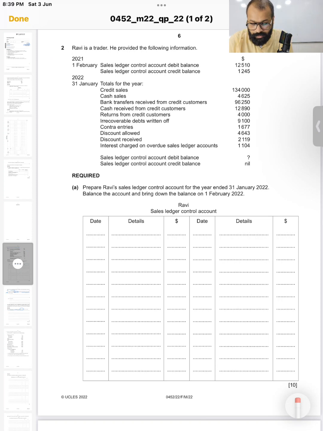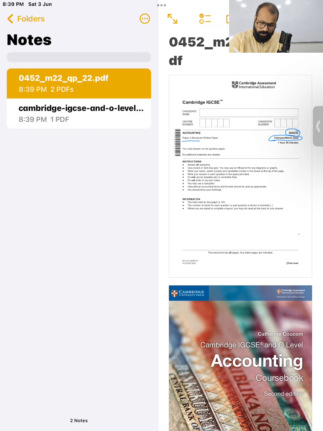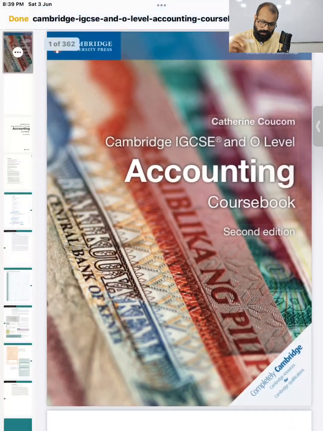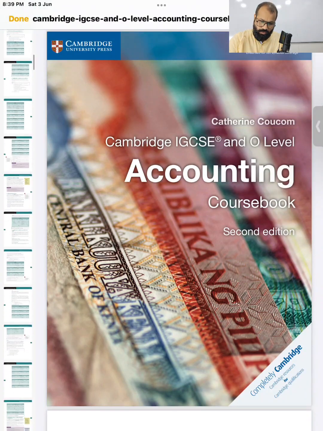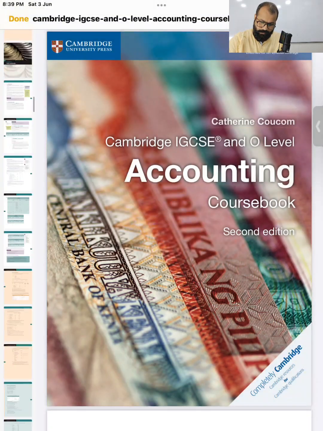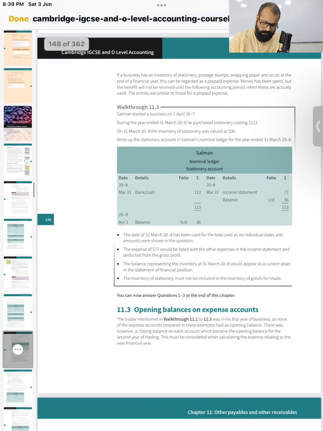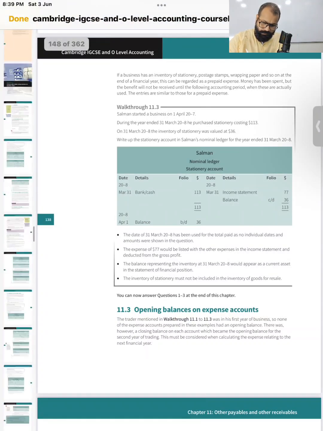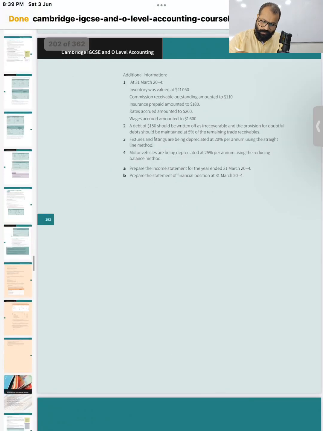Okay, before doing this sales ledger, I'll just show you the format for sales ledger control account. So it will be easier for us to solve this. I'll just go on the same textbook again and show you the format for sales ledger control account. So the control account is from 228.